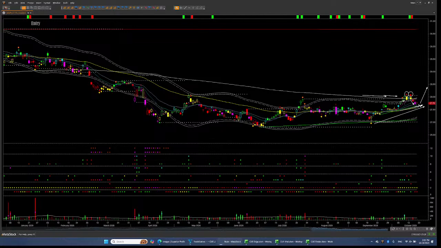On the other hand, if it falls down, it will first find support in this trend line support and then this trend line support. I am not confident that it will break even the lower trend line support in a hurry. But we'll see what happens. Right now, we see that it is continuing in an uptrend.